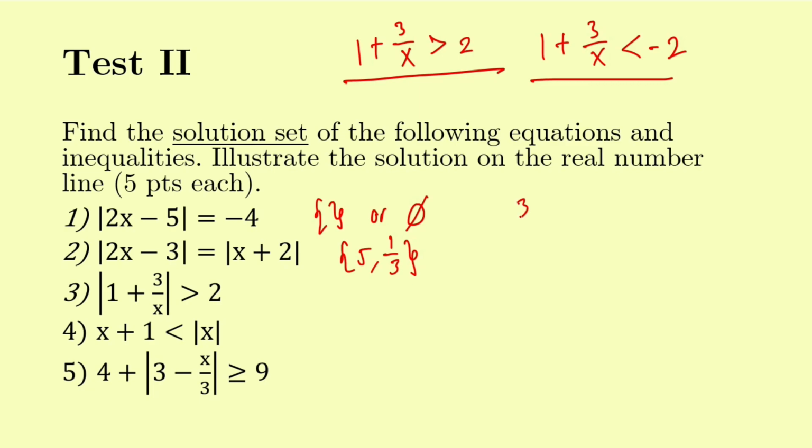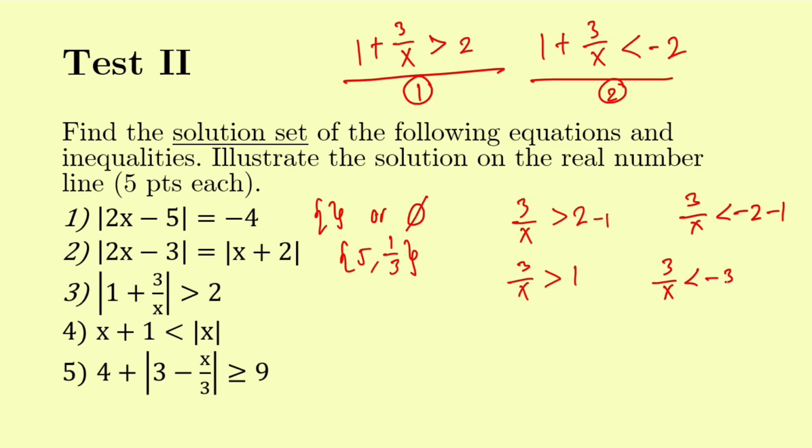So, 3 over x is greater than 2 minus 1 for this first inequality. And then 3 over x is less than negative 2 minus 1 for the second inequality. Then simplify. 3 over x is greater than 1. 3 over x is less than negative 3.